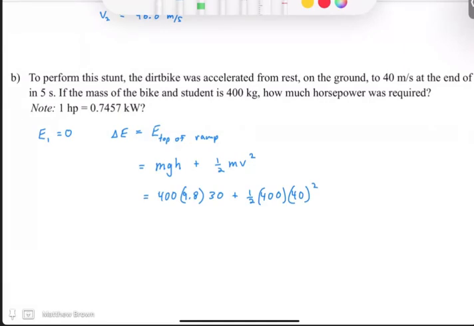And if I put in the numbers for that, I get 437,600 joules. It's a lot of joules.